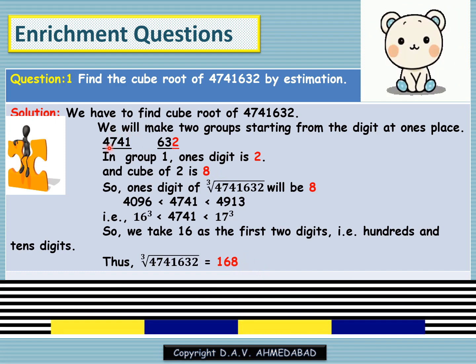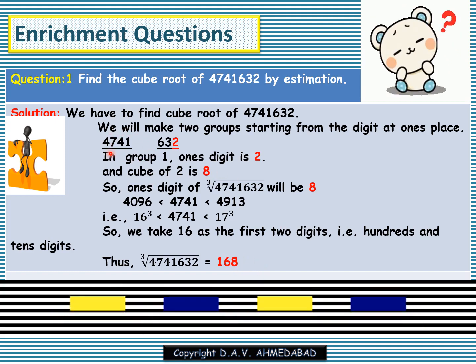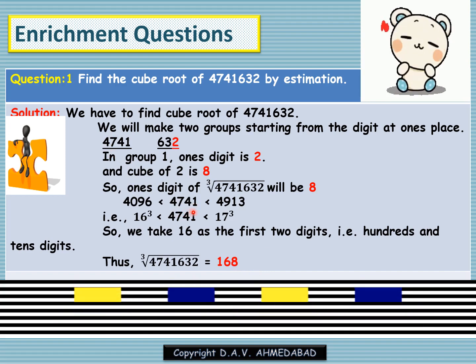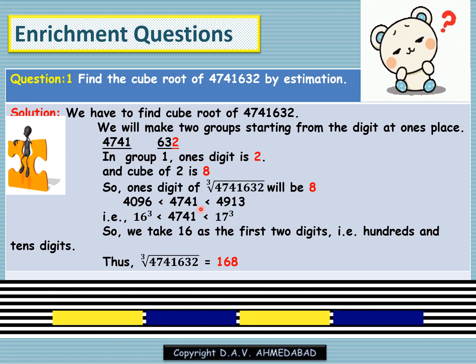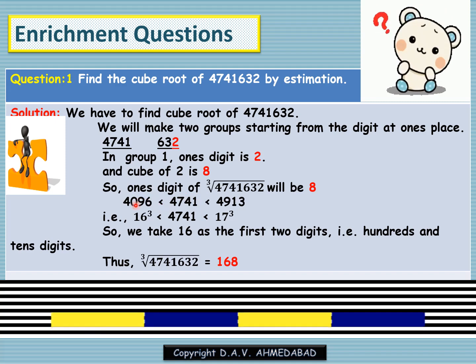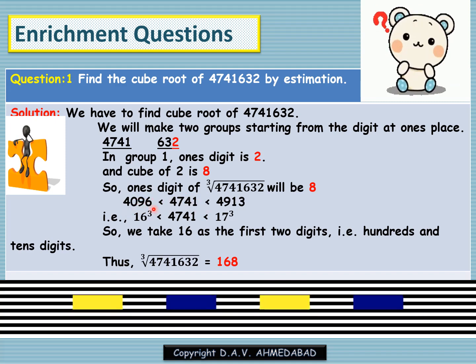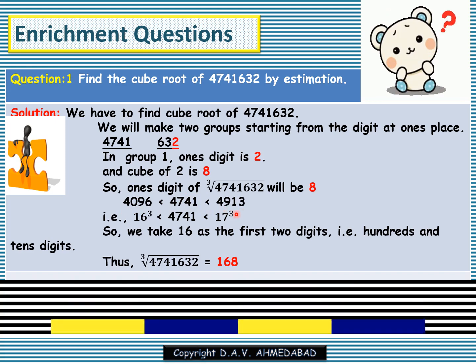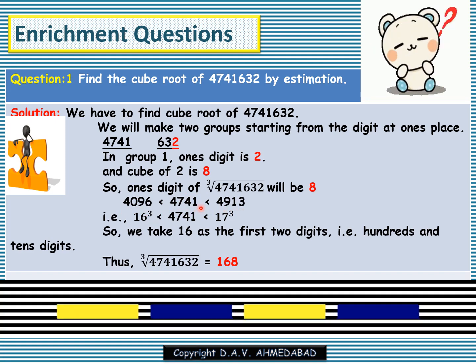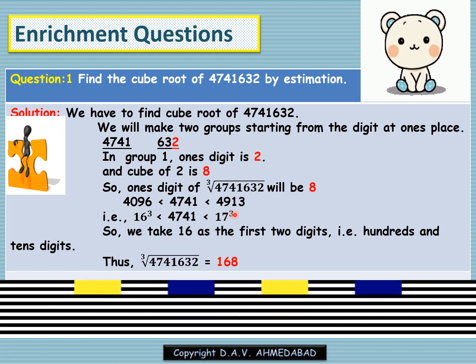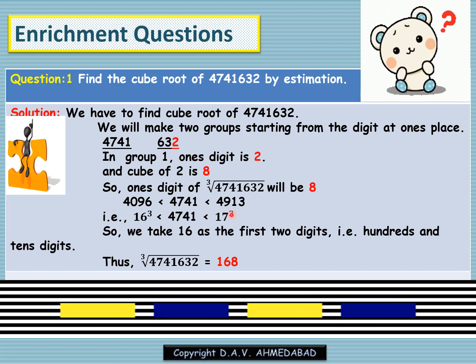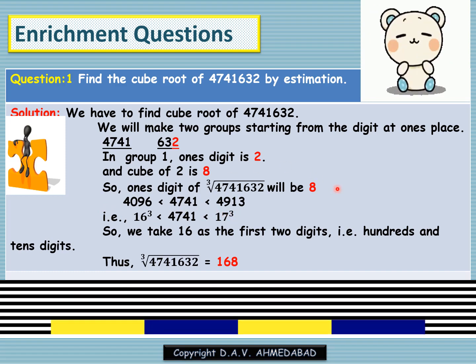Now let us consider the second group. Second group is 4741. We need to see perfect cubes near to this number. So they are 4096 and 4913. Now you will say, ma'am, from where we got these two numbers? For that reason I told you to make cube table.